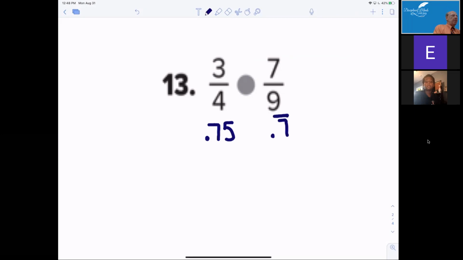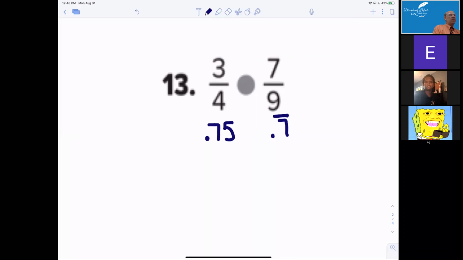All right. Now, before I explain a few things, 0.75 is what compared to 0.7 repeating? Tell me. Less. Yes, it is less. Now, again, I keep trying to ask you guys, if I'm not clear, you got to speak up and tell me.